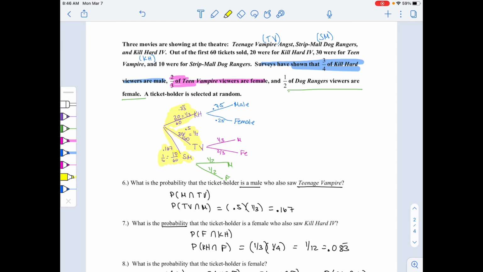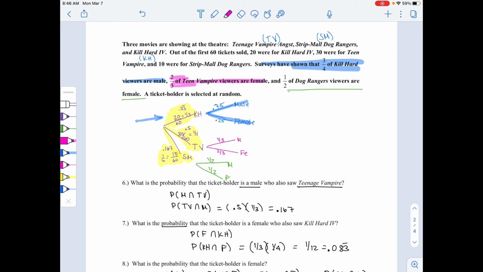From there, it gives us some more information. Surveys have shown that 3/4 of kill hard viewers, so now I'm only looking at the kill hard line, were male. So from kill hard, I said 75% were male, which also implies that 25% were female.